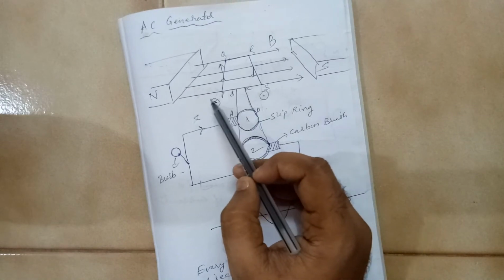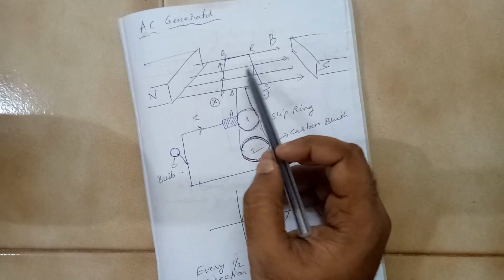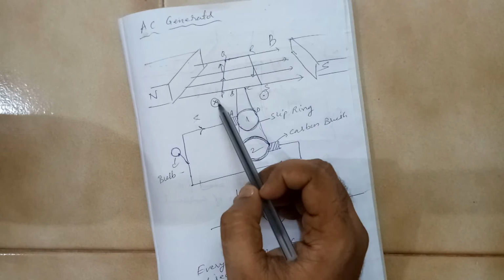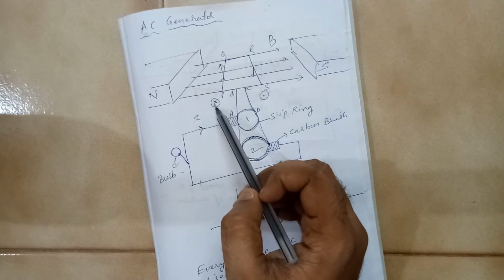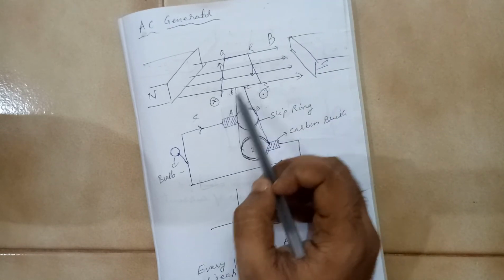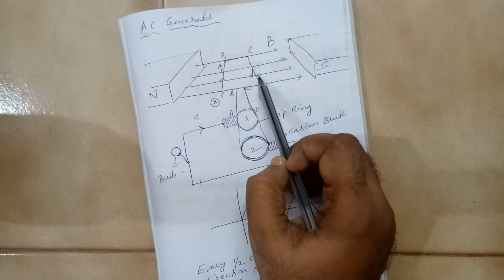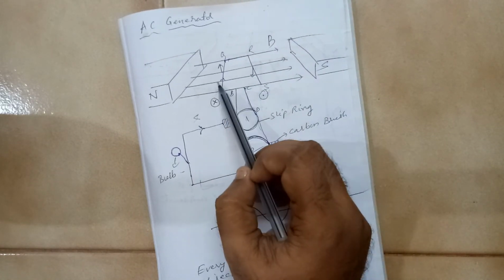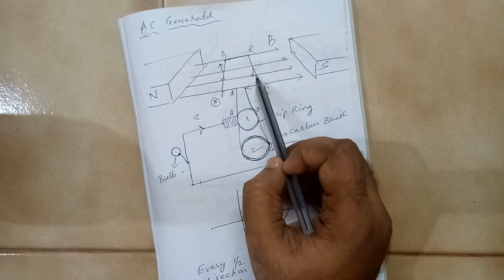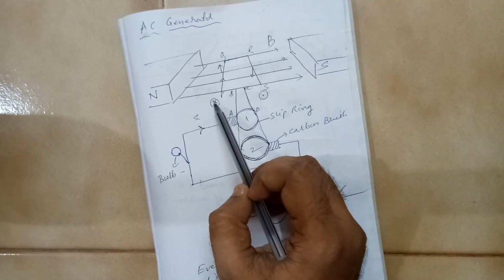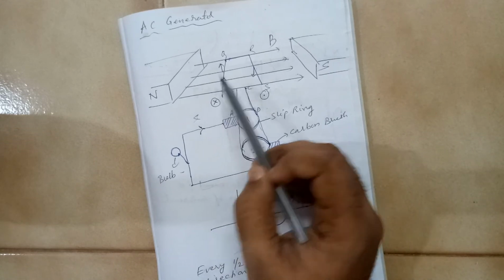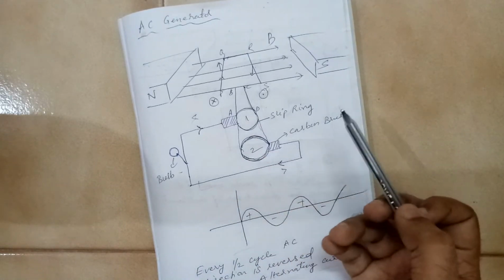Here, when the situation is like this, when this is going up, the direction of current is cross, and the current is flowing like this. Because it is rotating, this portion is coming this side and this portion is going that side. So when it comes this side, again in this wire the direction of current is like this. So this is happening after every half cycle.